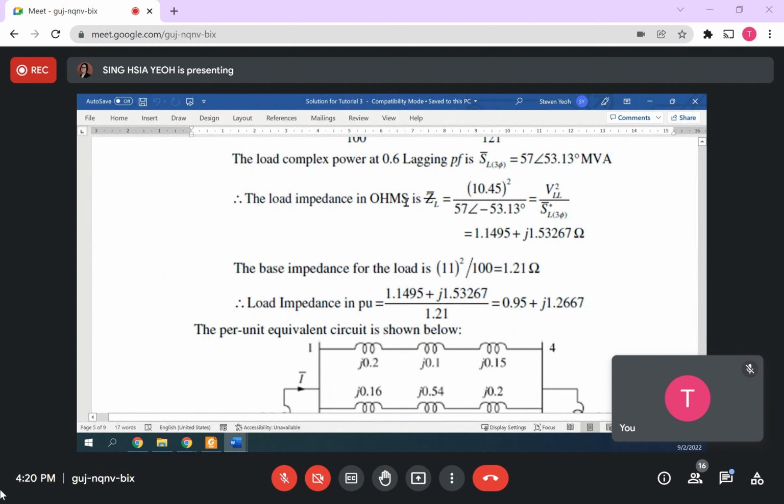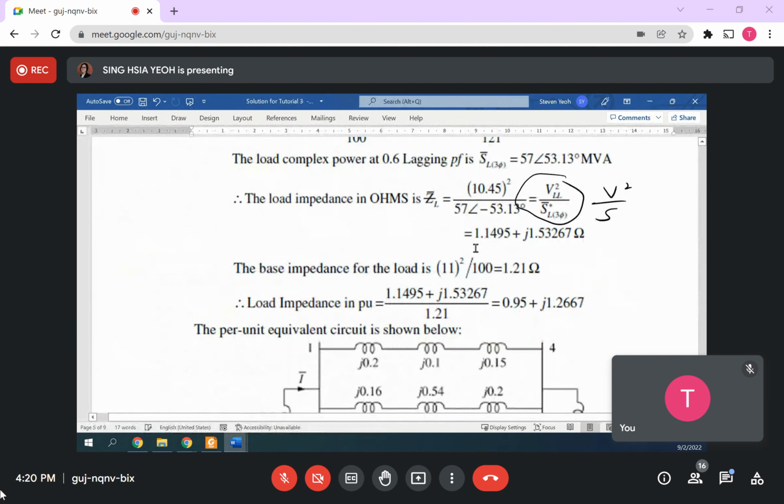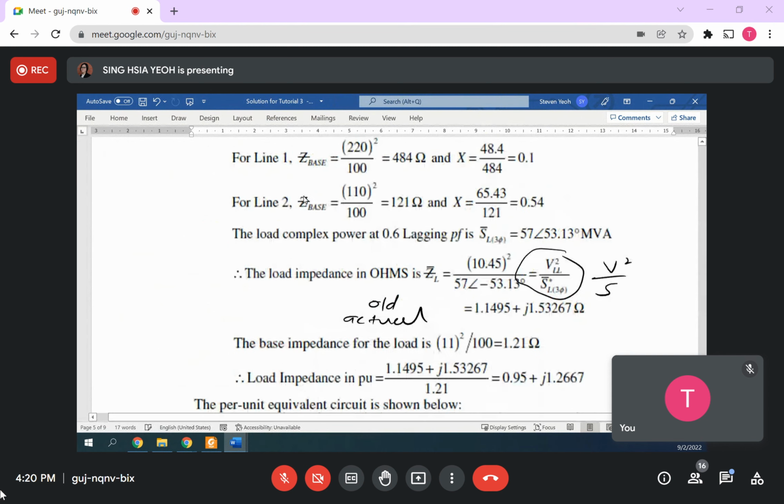Then the load impedance in ohms, Z load, will be what? They rewrite the formula for you, V squared over S. So V will be 10.45. Understand? Then you get this is the Z actual value.